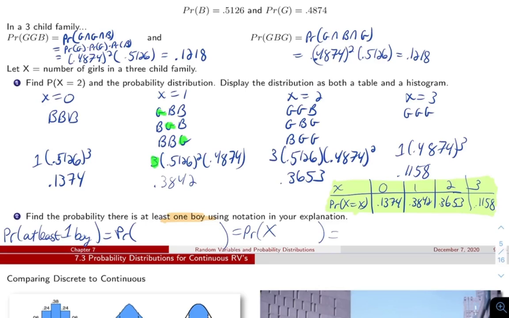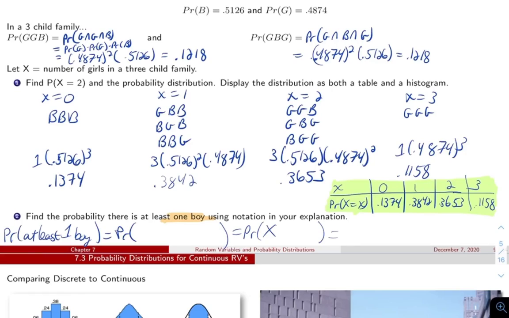So there's 3 different ways of getting that, and we'll calculate the probabilities in a second. For 2 girls in the family, girl, girl, boy, boy, girl, girl, and girl, boy, girl are the ways of ordering. And if there's going to be 3 girls, there's only one way of arranging that, which is girl, girl, girl. So the first thing we did is we found the number of arrangements: 1, 3, 3, 1.